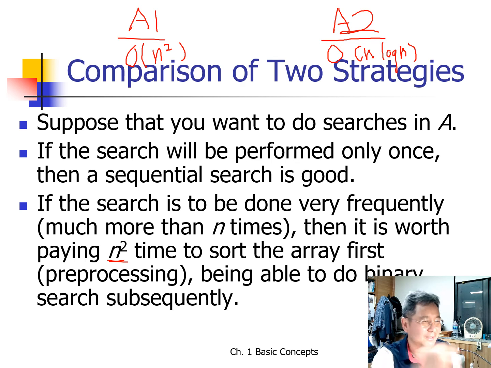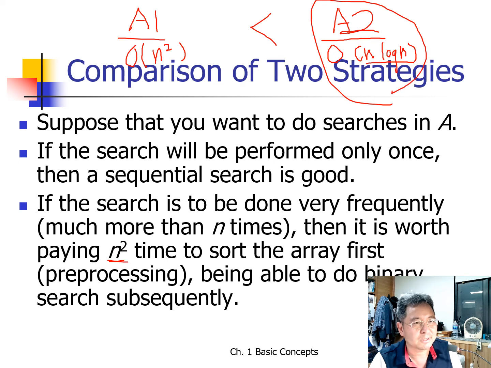In the previous slide, n log n is much better. So we will choose this algorithm for this goal. Here the n square algorithm is sequential search, and n log n is binary search.